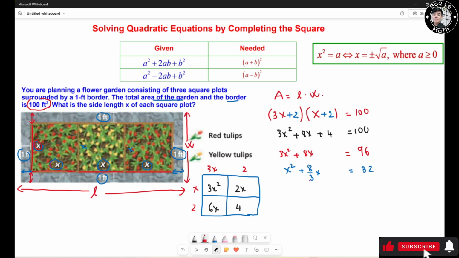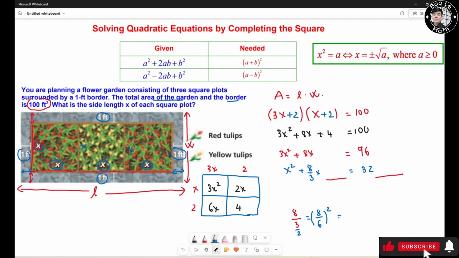Now, to make this one a complete square, I need to fill in the blank right here, right? So basically, the middle term right here, 8 over 3, I need to divide this by 2 and square, right? So 8 over 3 divided by 2 turns out to be 8 over 6, right? And then I square this.